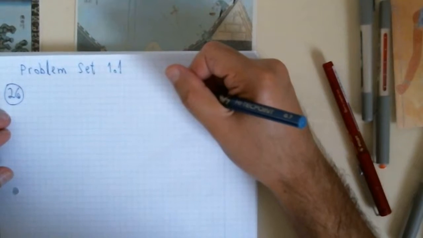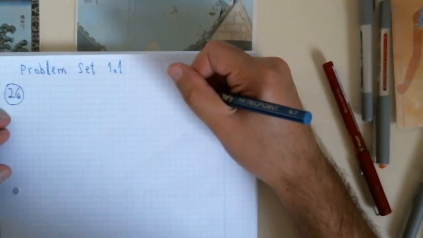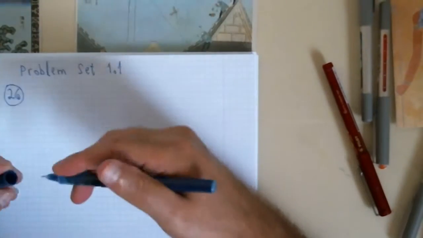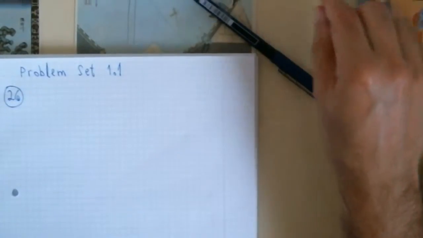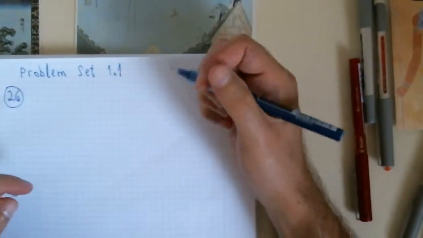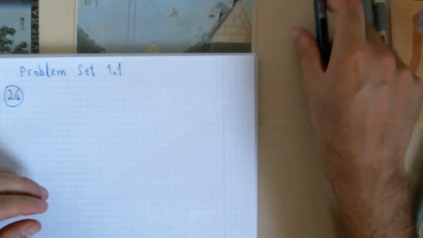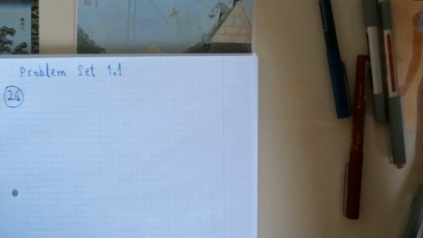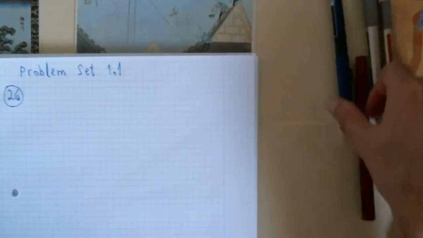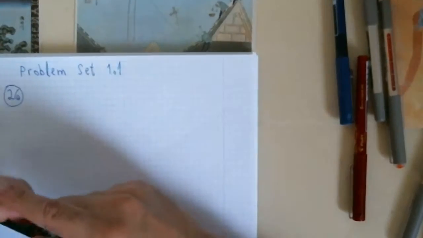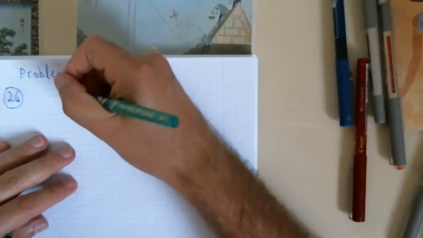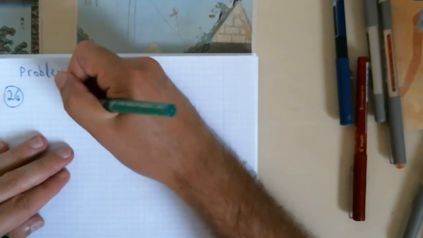Okay, so we have this vector. Let's make it in green. This vector is (1, 2).